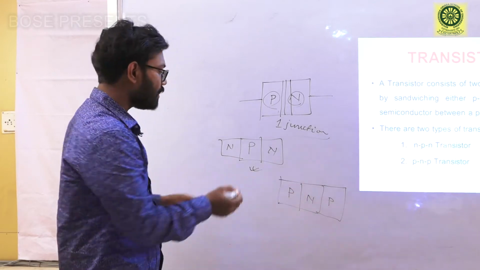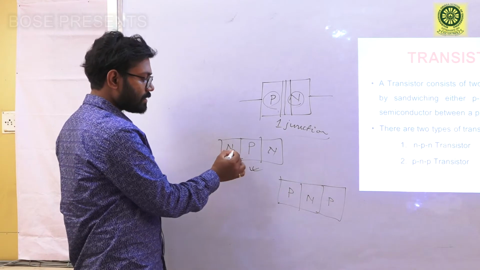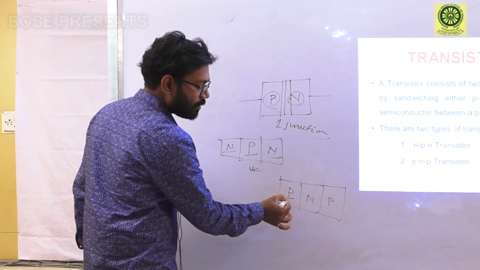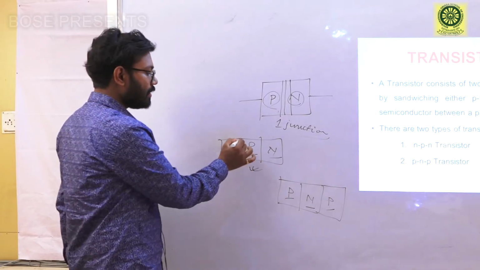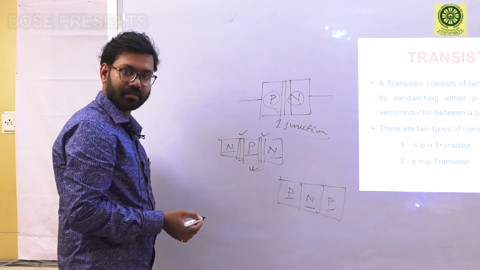As we can see, NPN has three layers, and PNP also has three layers. It is three layers and two junctions. Here one junction and here one junction.